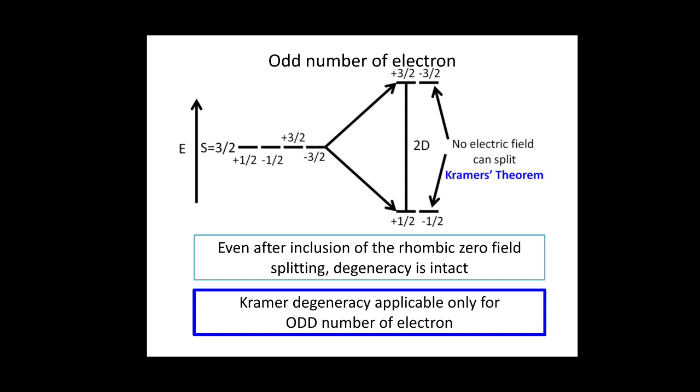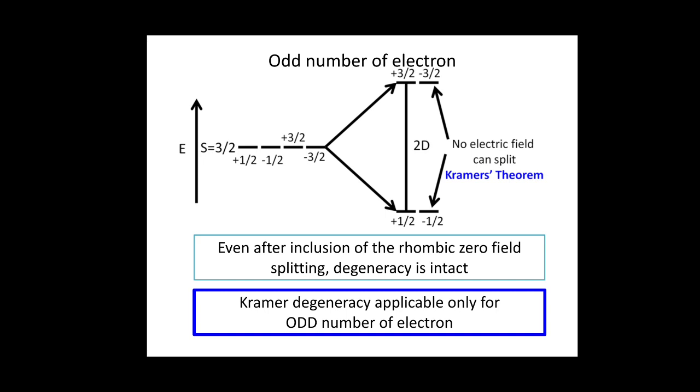Even after the inclusion of the E term, you cannot split plus 1/2 and minus 1/2, or plus 3/2 and minus 3/2. This is the reason why Kramer says that in the absence of a magnetic field, if you have an odd number of electrons, the levels will remain at least a doublet. This is true for S equal to 1/2 also. So it has nothing to do with the zero field splitting.